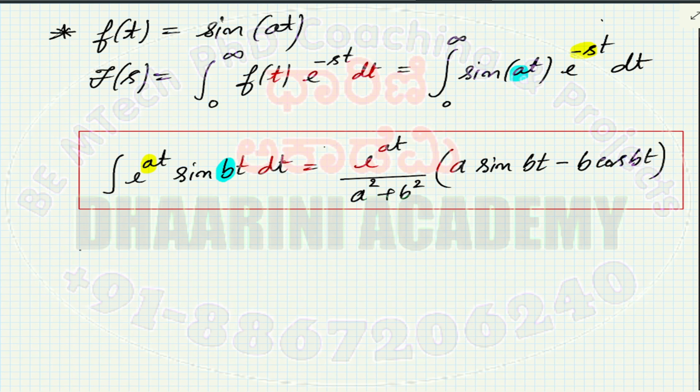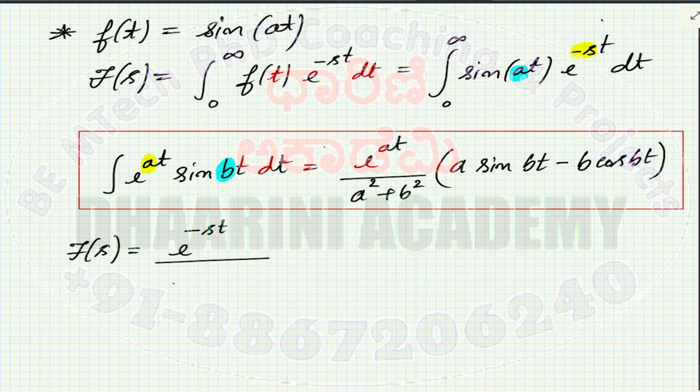So that means the f of s is now e to the at. Instead of a I have minus s, so e to the minus st divided by a square plus b square.